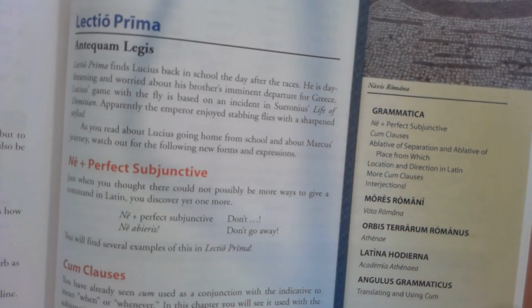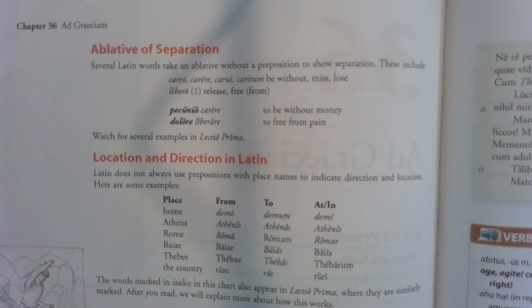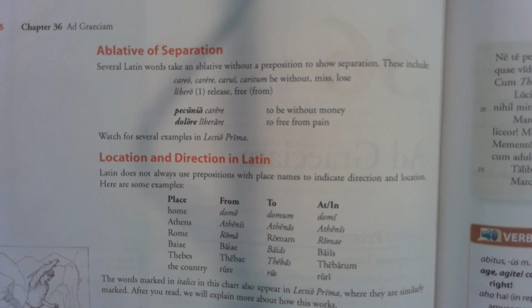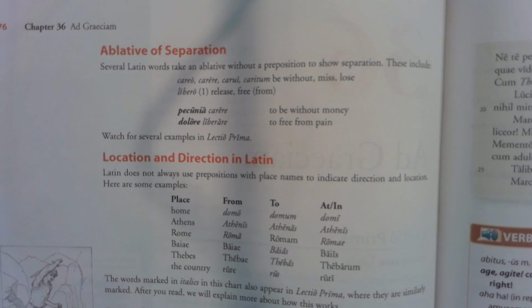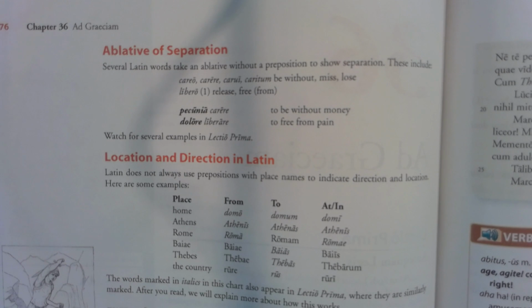Okay, so we're going to flip over to page 476 and look at this first concept of ablative of separation. All right, so what this is, you've got these two verbs here, careo and libero, and basically they take ablative objects.